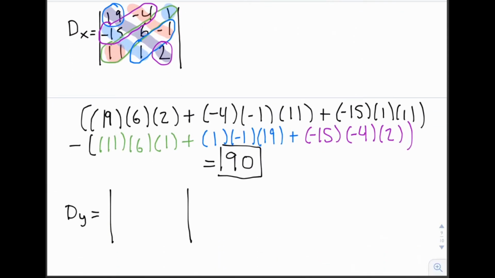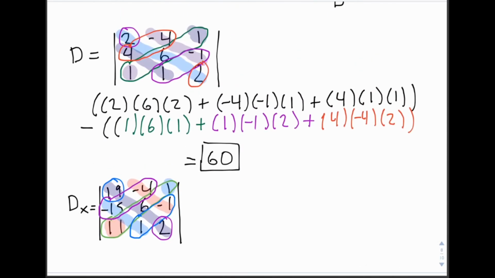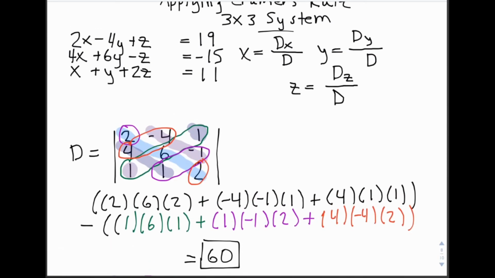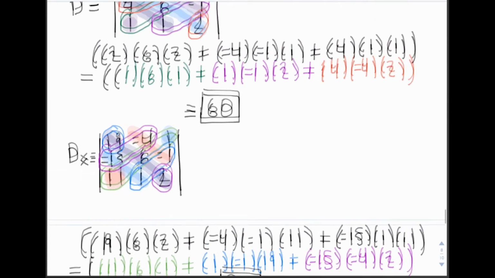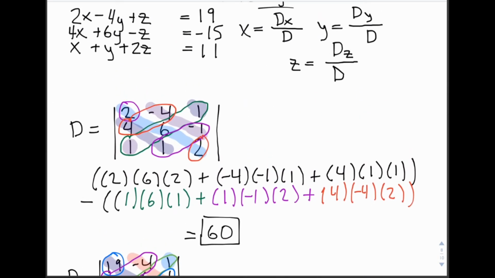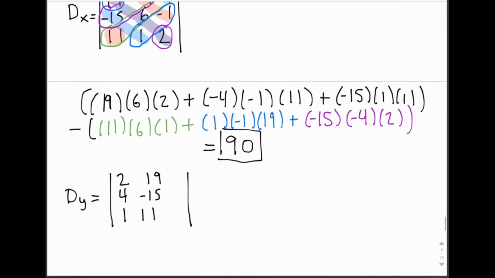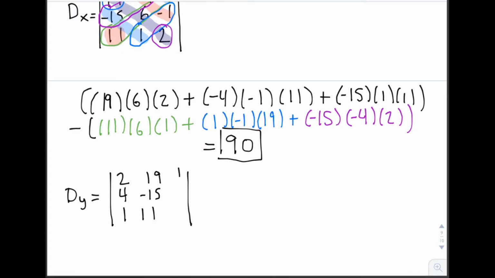Then we replace our y column with our constants: a 19, negative 15, and a positive 11. Our last column is our coefficients of z: a 1, negative 1, and a positive 2.